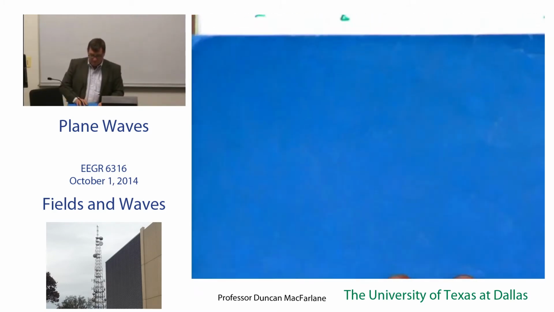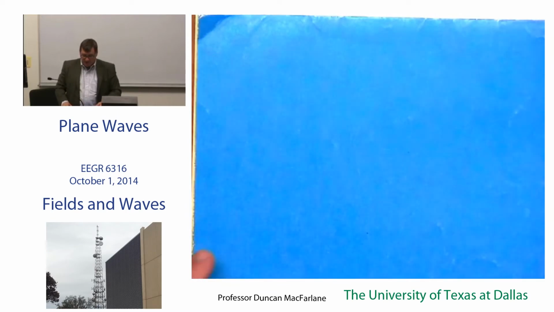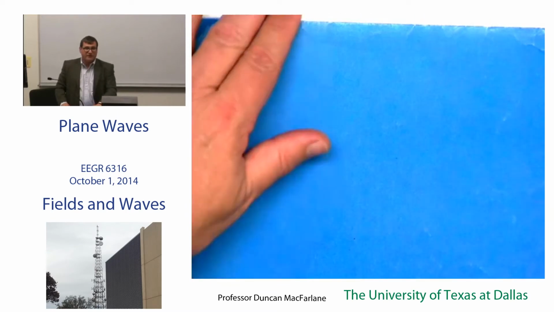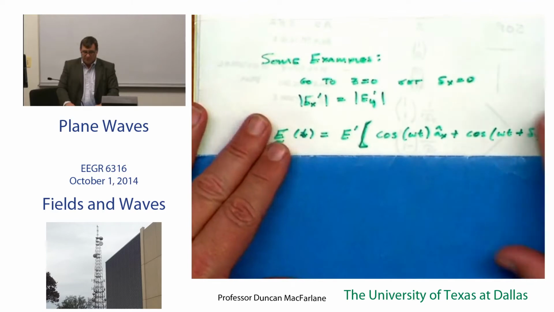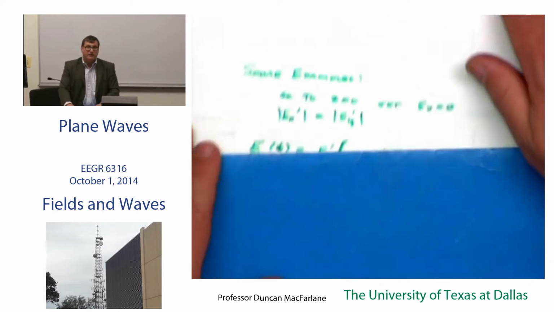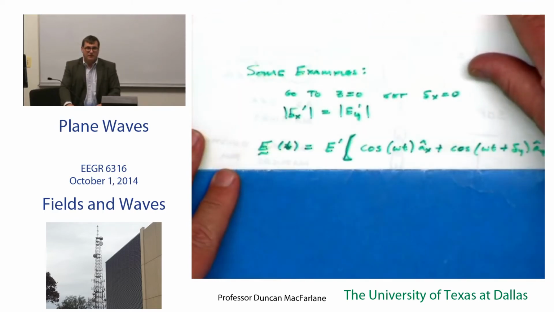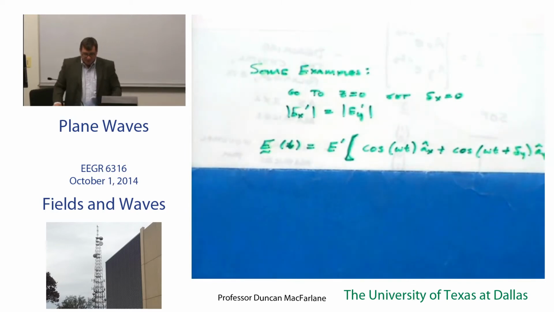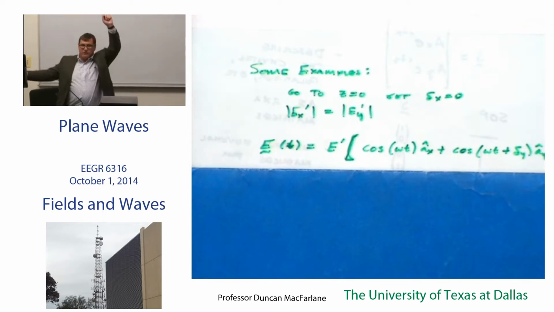Now, let's do some examples to get level set on this. We'll go to z equals 0, set delta x equal to 0, and set the magnitude of E_x and the magnitude of E_y to be exactly the same.